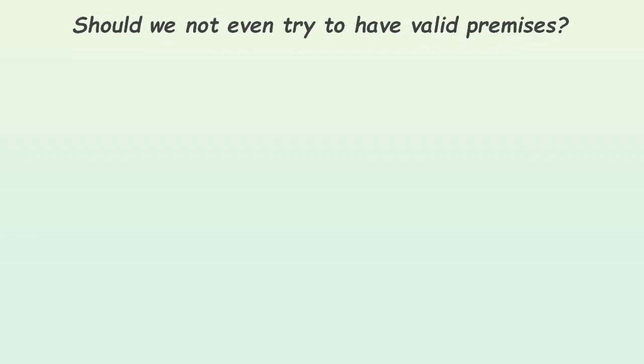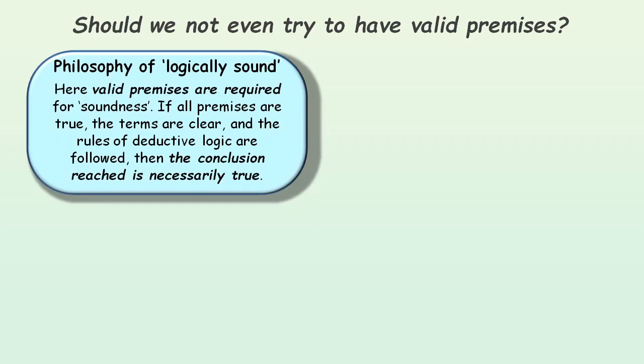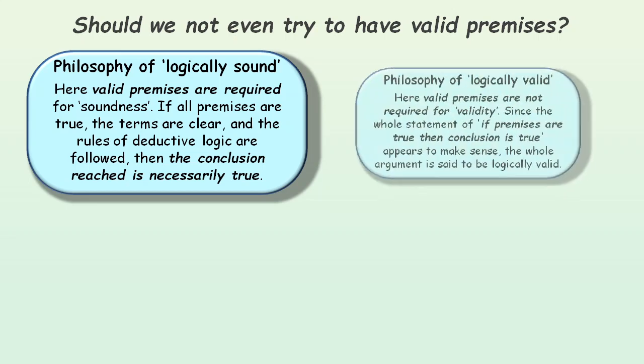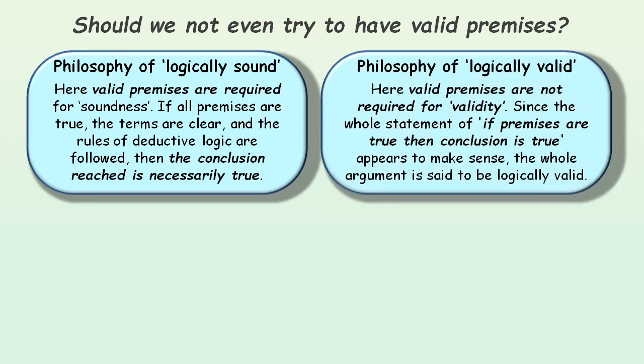And astonishingly, our axioms don't even need to be valid. In our everyday real-world deductive reasoning, known in philosophy as logically sound, a conclusion is only true if the premises are true. But mathematicians use an approach that is rather dubiously called logically valid, whereby premises are merely assumed to be true, and then conclusions are drawn from them.